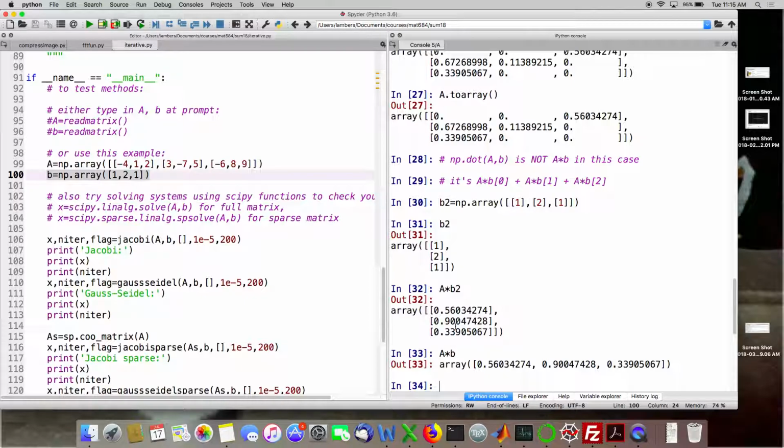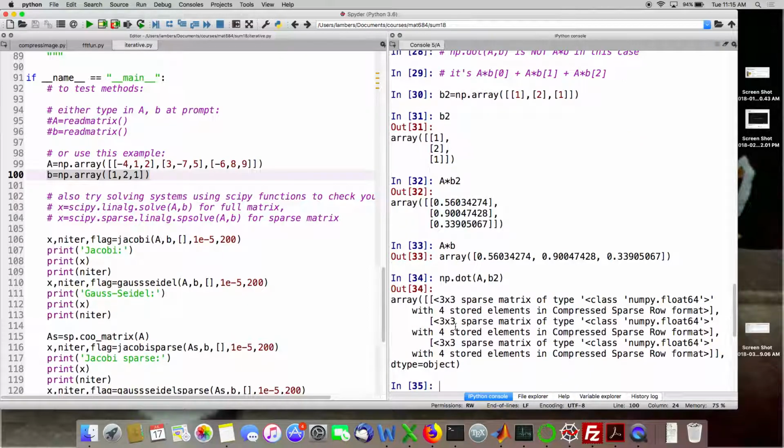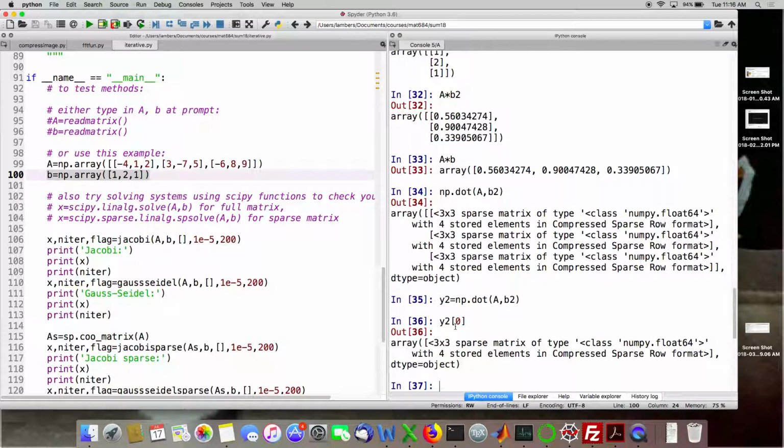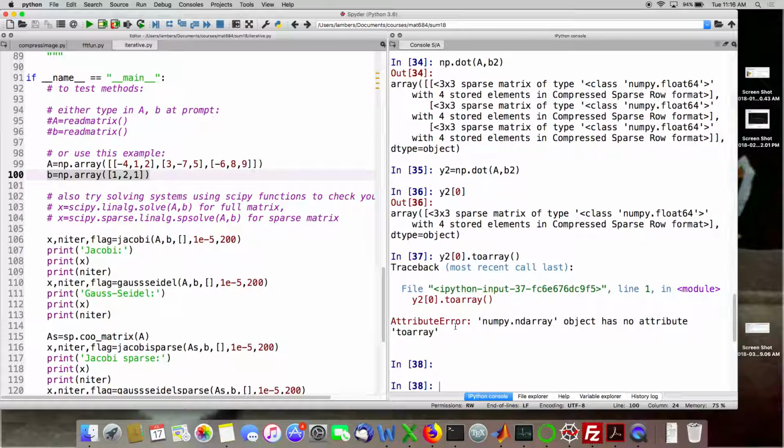Now, what if I try numpy dot of A with B2? I think that's going to behave the same way. Oh, it doesn't like that. Before, it would let me convert it to an array.